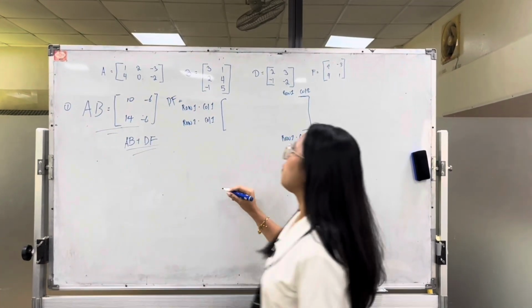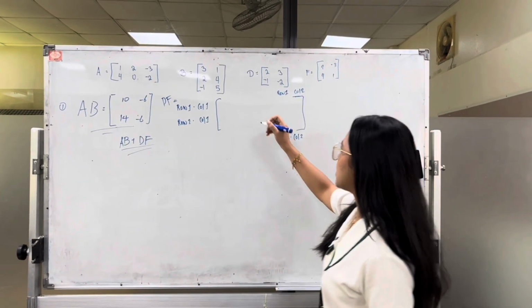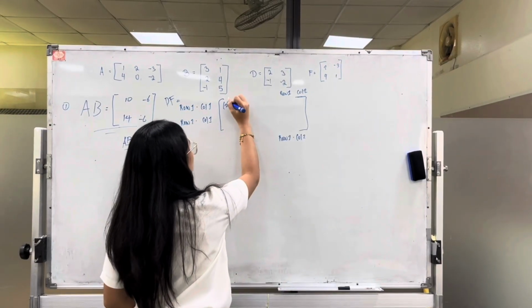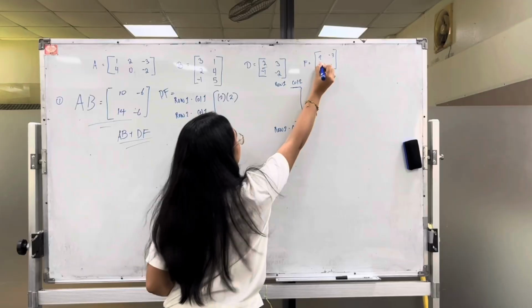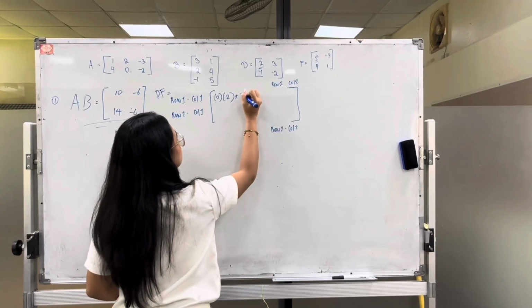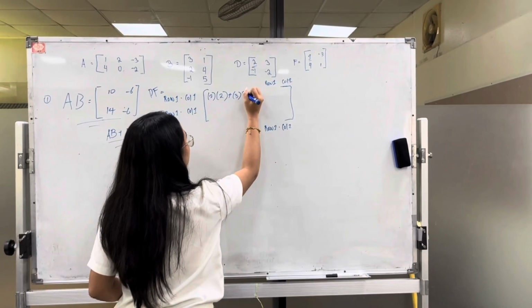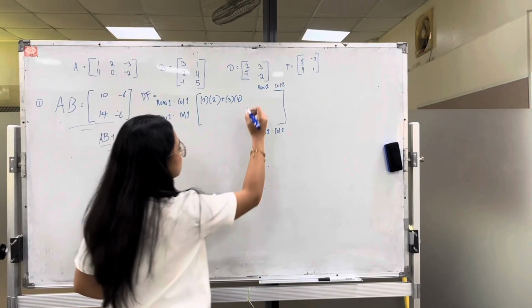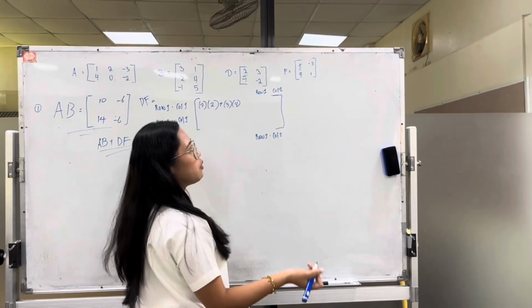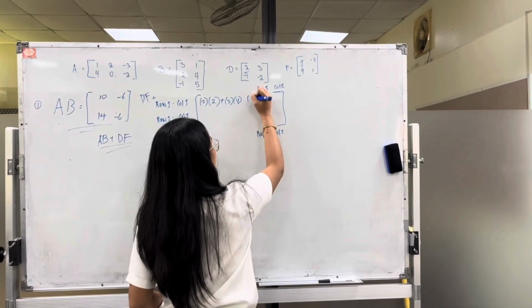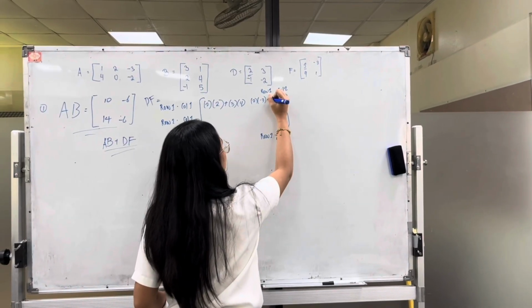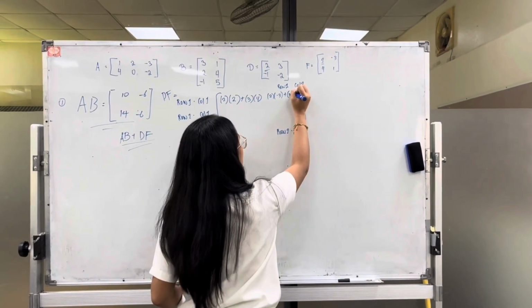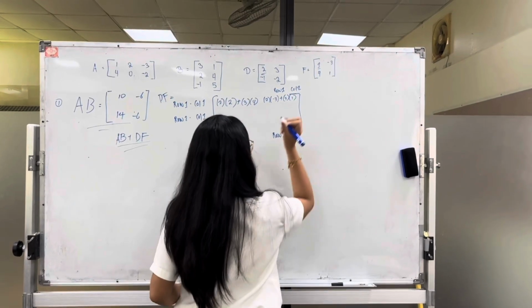We multiply row 1 with column 1, which is 2 times 2, plus 3 times 4. And to the next one, we will multiply row 1 with column 2. So we also have 2 again, multiplied to negative 3 plus 3 multiplied to 1.